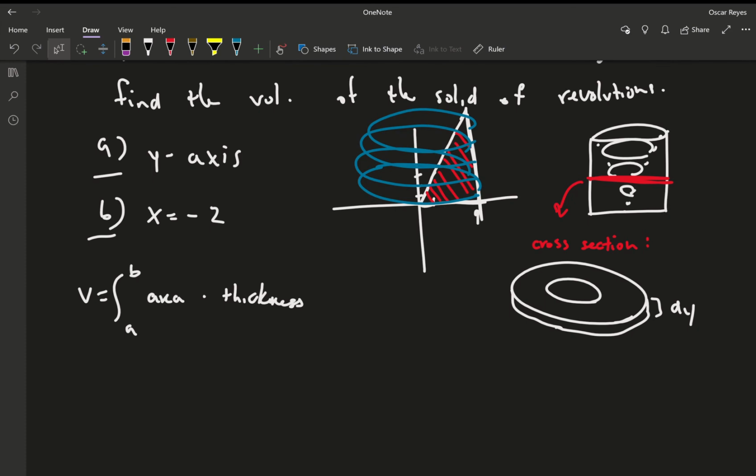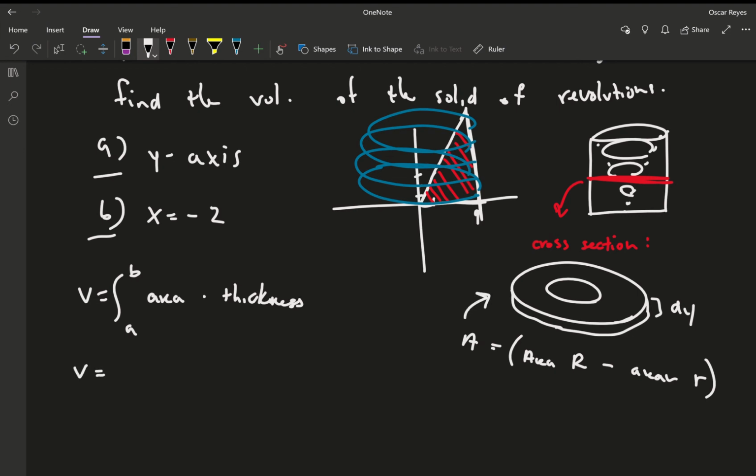And now here we have two areas. We have a large circle, and we have a smaller circle inside of it that's cutting the area out of that. So we're going to have the area of the large radius minus the area of the small radius, which is going to be our actual area for this cross section.